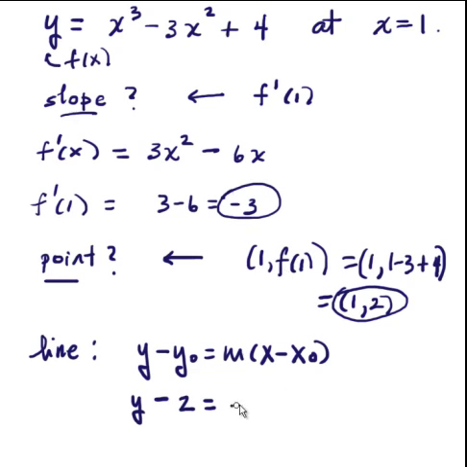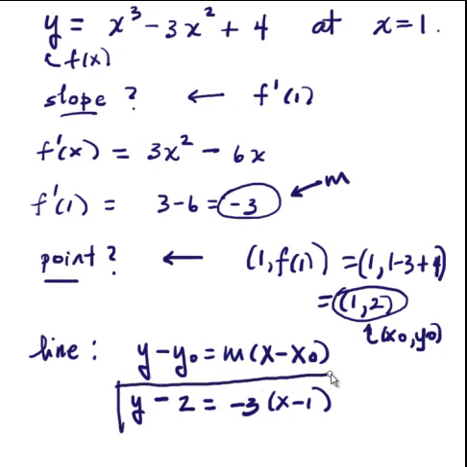Our slope is minus 3. This is our m. This is our x0, y0. So y minus y0 equals m, x minus 1. And you could put this in the form y equal mx plus b if you like by opening up parentheses. But I'm going to leave it at that.